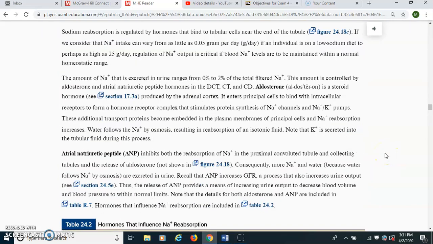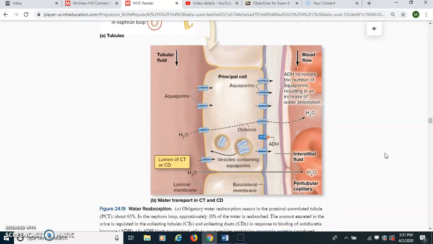So that hormone aldosterone is allowing for water reabsorption because it is allowing for more sodium reabsorption, and water will follow sodium. So that's one hormone that can influence water reabsorption, and it does it kind of indirectly through increasing sodium reabsorption. And then the other hormone we've heard of too is the antidiuretic hormone, abbreviated ADH.